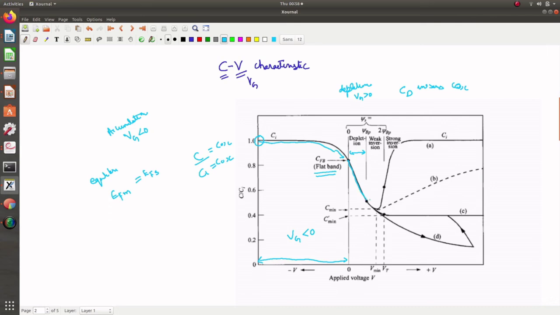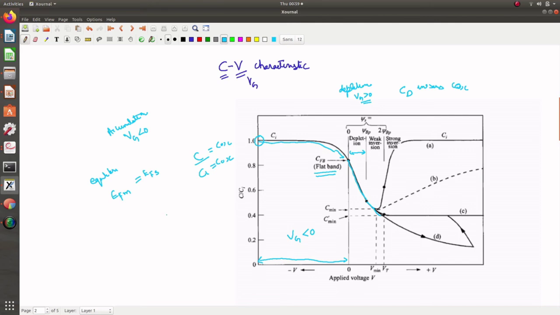And at weak inversion, where we are still increasing Vg, we have the minimum capacitance possible for the MOS at inversion, weak inversion.